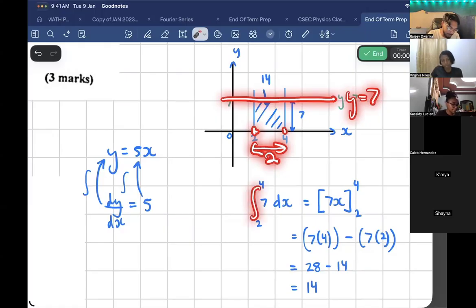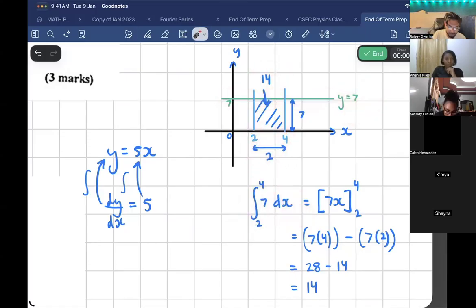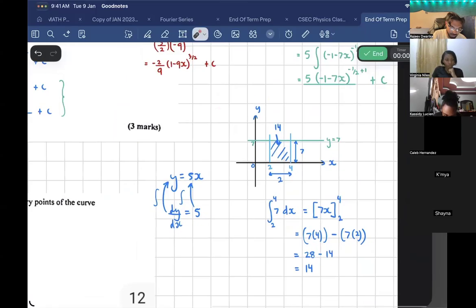So when I integrate from 2 to 4 for 7 with respect to x, what I'm really doing is finding the area. You know why? Because this literally means 7 multiplied by the change in x. What's the change in x? 2. What is 7 times 2? 14. Yeah. So that's the significance of integration.